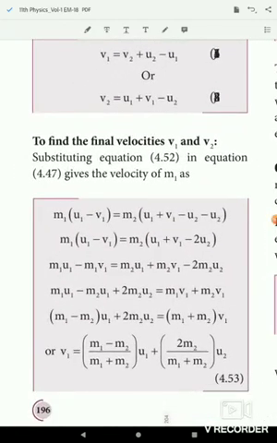Let me elaborate this equation. That means multiply m1 on the left side and m2 on the right side: m1u1 − m1v1 = m2u1 + m2v1 − 2m2u2. So m1u1 − m2u1 + 2m2u2 = m1v1 + m2v1.